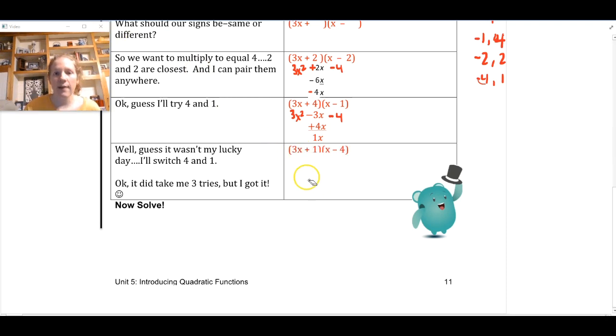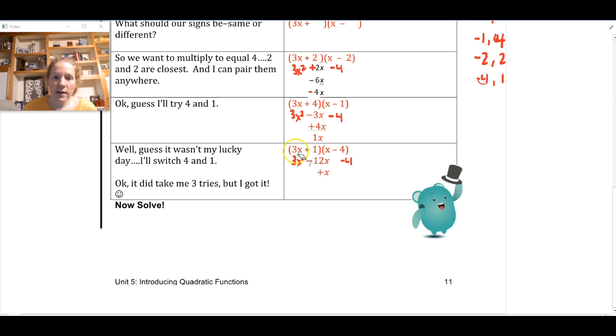So I'm going to have a 3x plus 1 and an x minus 4, and I'm going to multiply again. So 3x times x gives me the 3x squared that I know is going to be there. I also know that 1 and negative 4 is going to get me my negative 4. I've got to look at those outer terms and those inner terms and see what they get me.